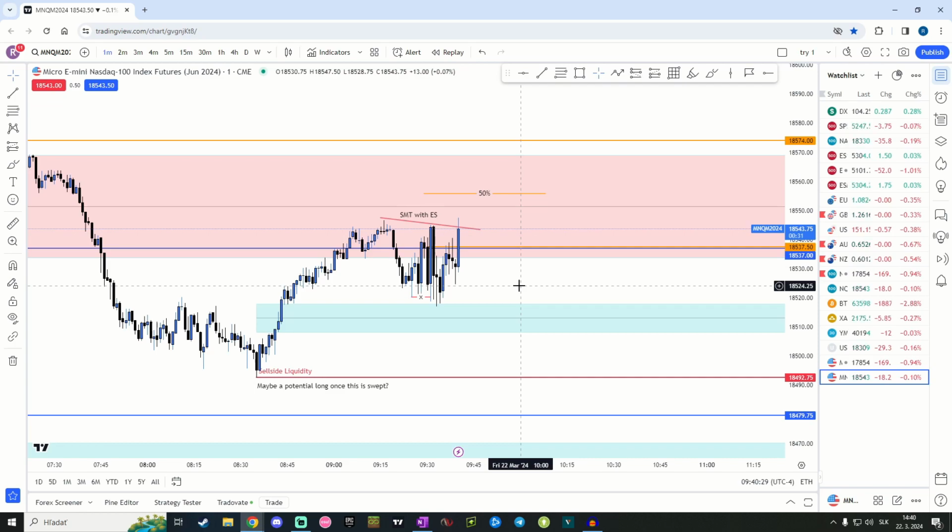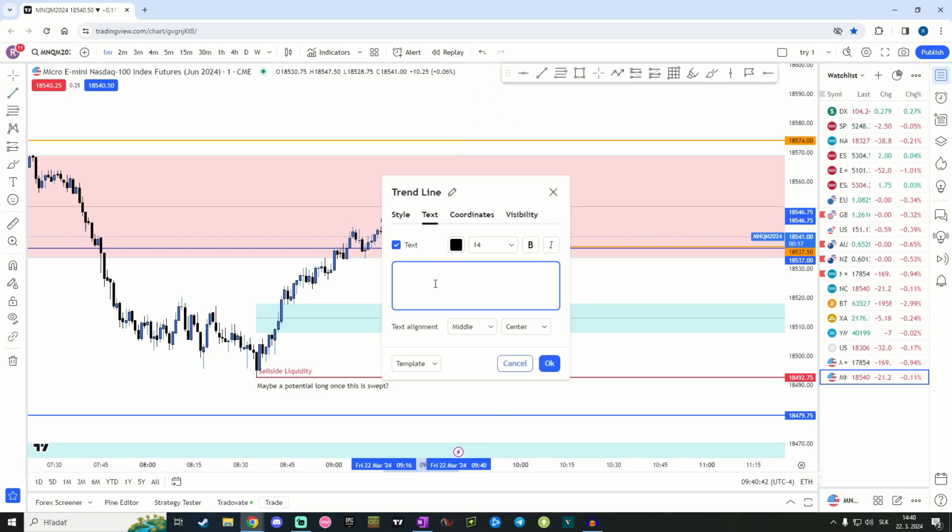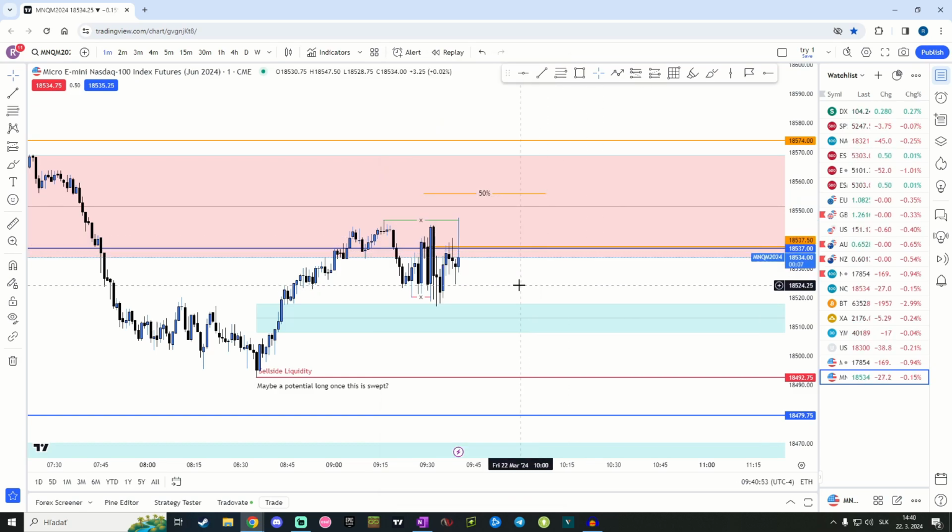So now we have swept these highs, right? Just barely. So let's see if this means something or if we are going to go higher or if we are going lower.